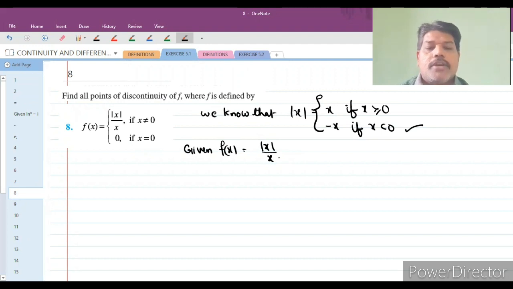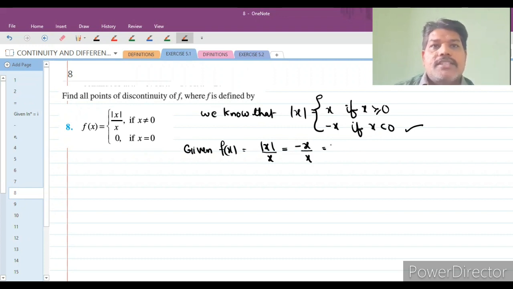That's why I am taking the 2 cases. First case, I am taking if x less than 0, what happens? Mod x value will become minus x by x. So x will be cancelled. It will become minus 1 when x value is less than 0.